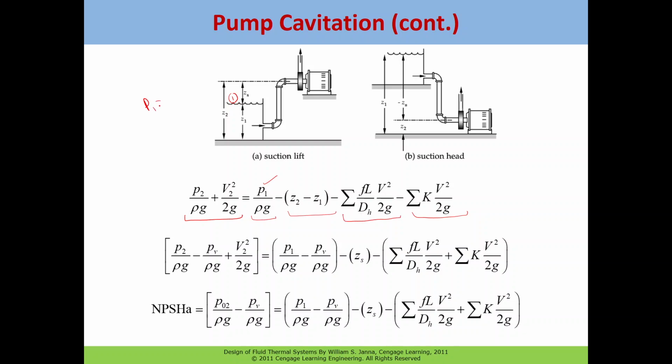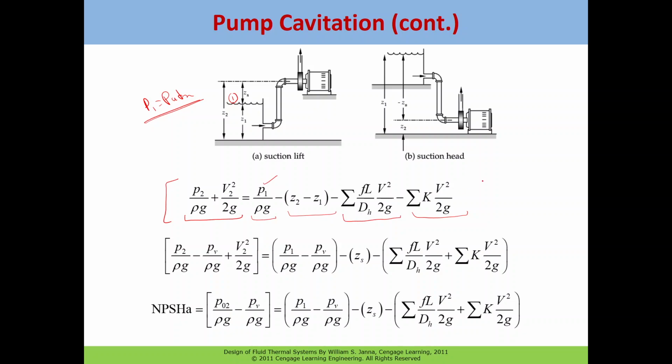Normally we consider it as 0, but here, because we are interested in cavitation, and cavitation occurs at saturation pressure, which is an absolute quantity, we are not making atmospheric 0. So we are taking the pressure in absolute units, and P1 is P atmospheric.